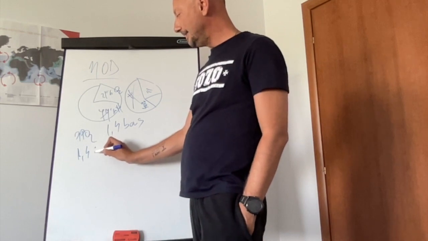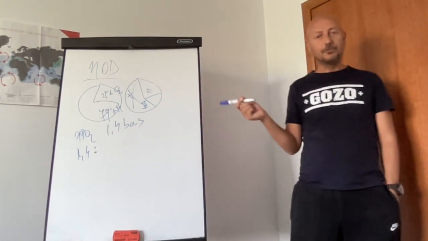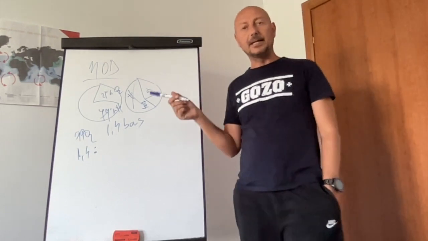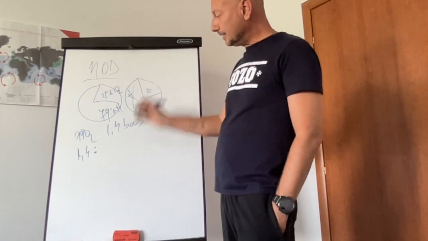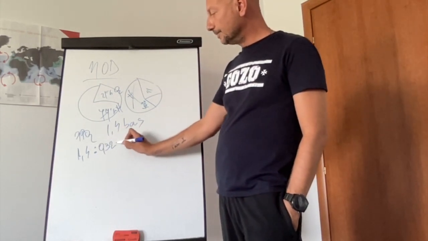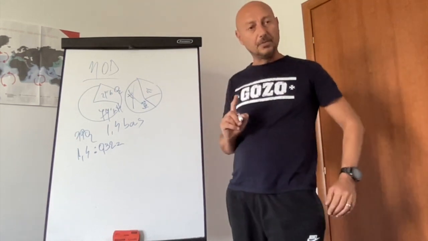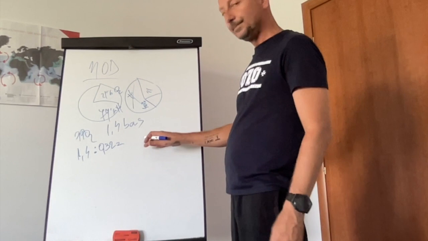1.4 divided by what? 1.4 divided by the number of oxygen we have in our tanks. Let's say 0.32. Now, we will calculate the result.